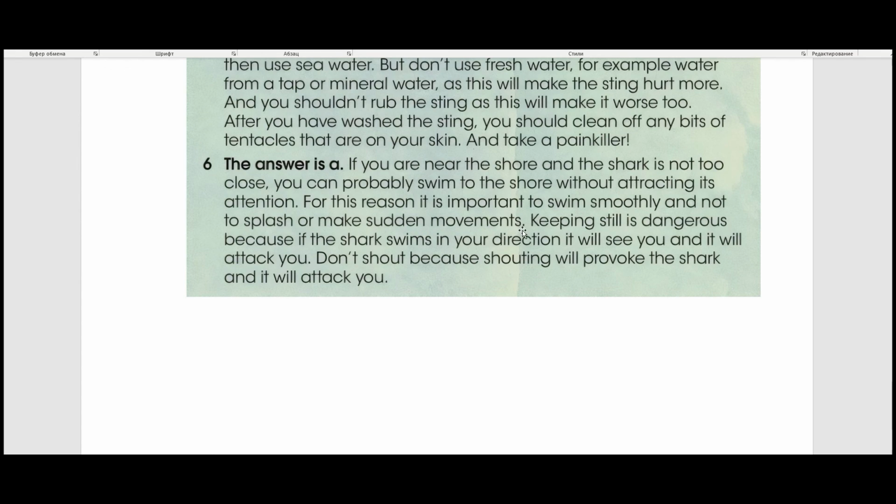Sudden movements — это резкие движения. Keeping still — оставаться неподвижным — опасно, потому что если акула плывет в ваше направление и увидит вас, она вас атакует. И не кричите, потому что крик спровоцирует акулу, и она вас атакует.